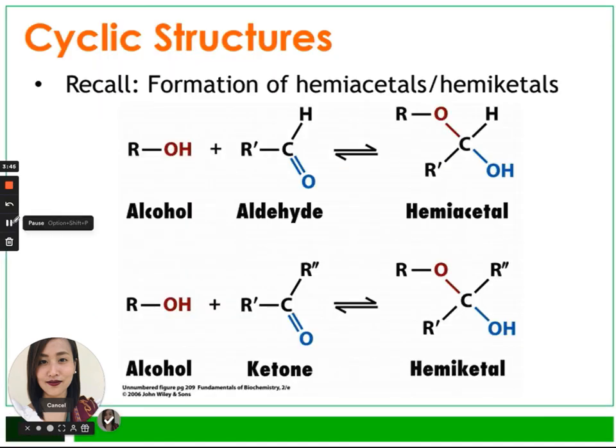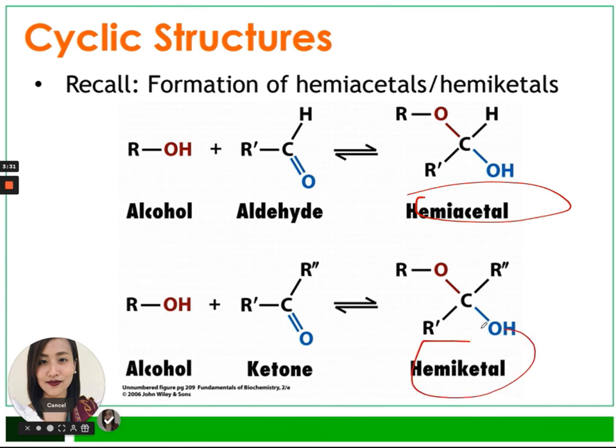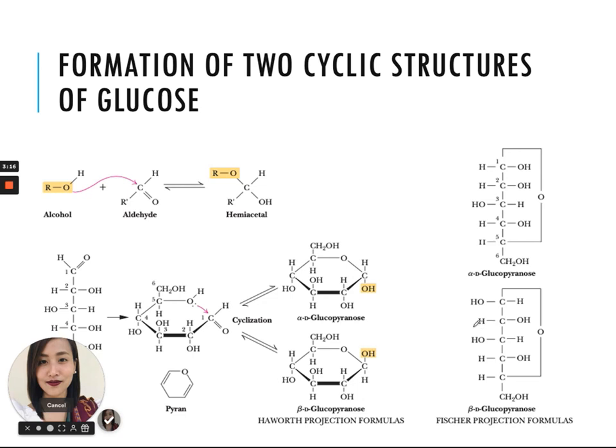In aqueous solution, simple carbohydrates exist in cyclic forms. Monosaccharides typically form internal hemiacetals or hemiketals, as you can see here, in which the aldehyde or ketone group joins a hydroxyl group of the same molecule, forming a cyclic structure. This can be represented as the Haworth perspective formula here.